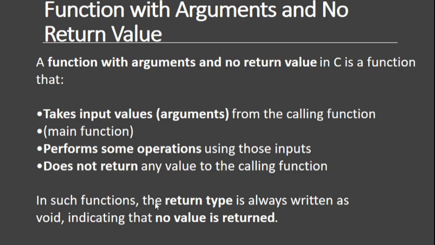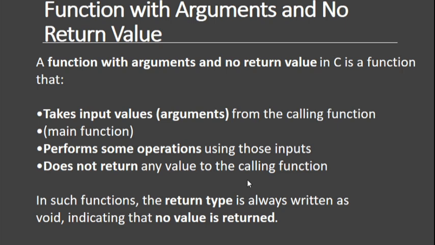Whenever any function does not return any value, the return data type is void, and the display is done in the user defined function only, because the function is not returning the result or value to the main function.